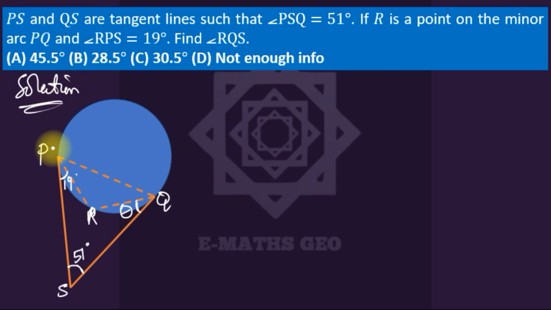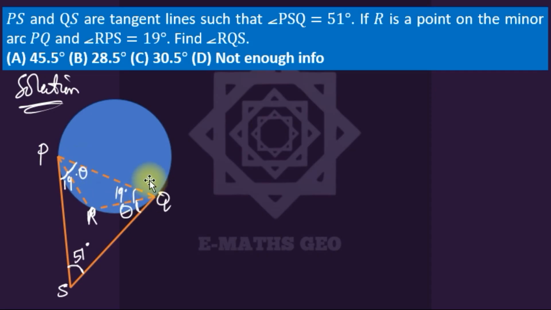With that, we can solve the question. Remember, by the alternate segment theorem with a tangent line, this angle is also theta. And also from the alternate segment theorem, this is 19 degrees.